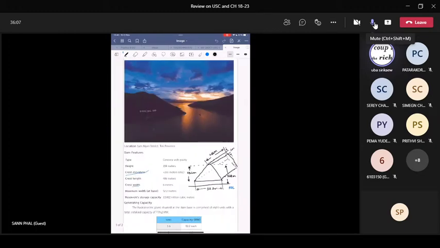The type of dam is a concrete arc gravity dam, and its meaning is that arc gravity dams are massive dams of concrete that resist the thrust of water by their weight, using the force of gravity and arc action.